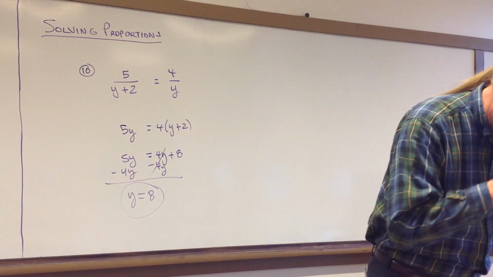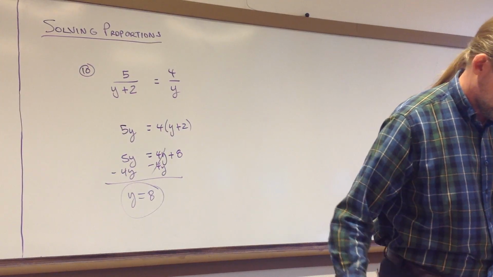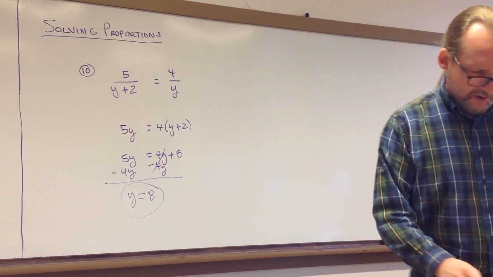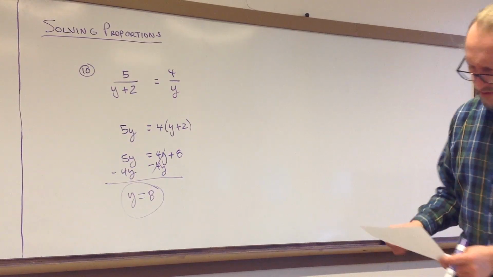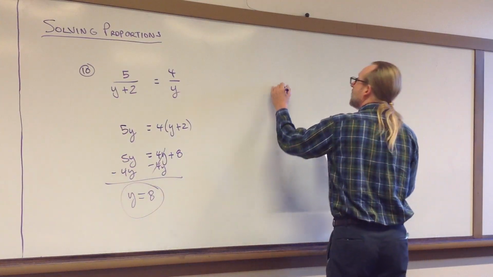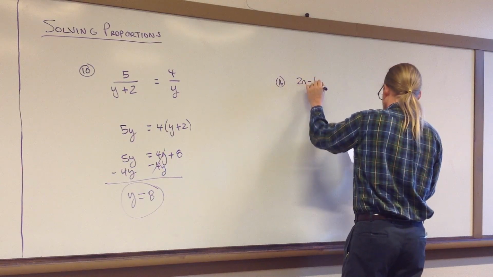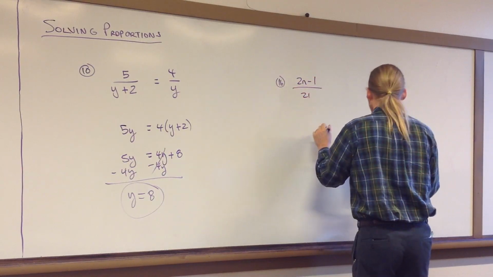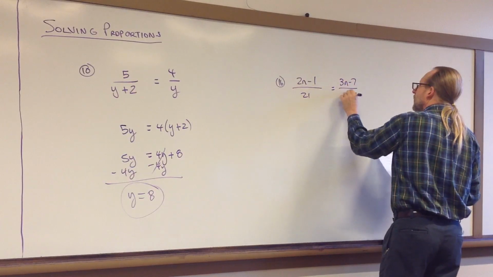Okay, let's see here. What else? Let's skip over to problem 16. We've got (2n minus 1) over 21 equals (3n minus 7) over 15.